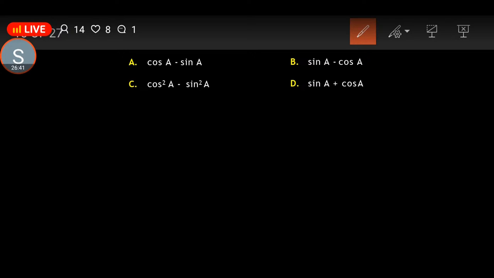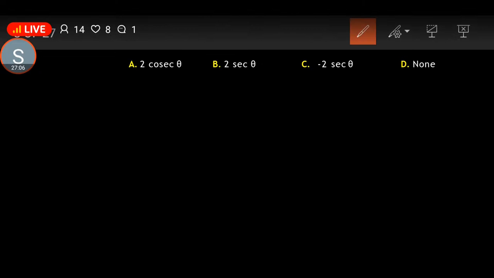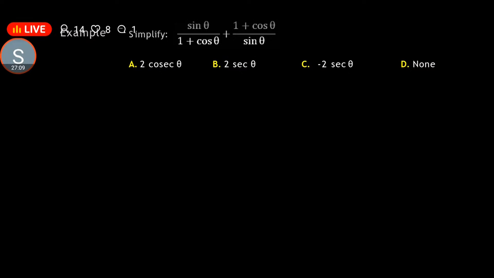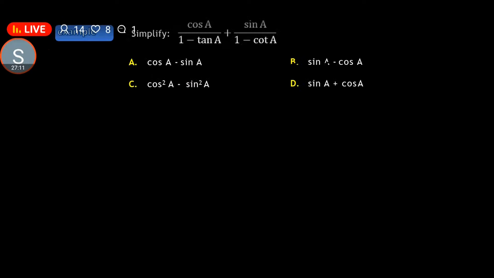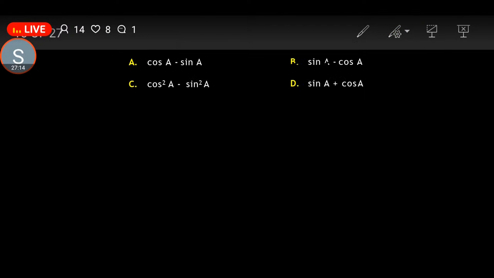We got cos A plus sin A. So the answer will be sin A minus cos A. Wait, one second. The answer to that will be B, as per our knowledge.